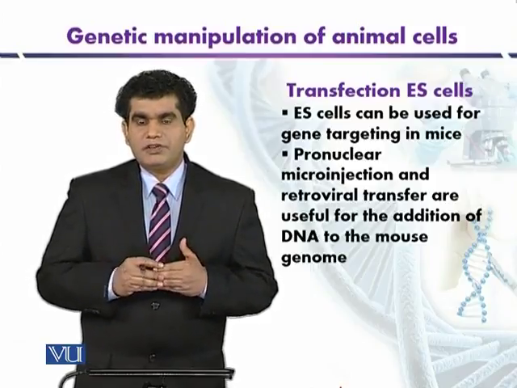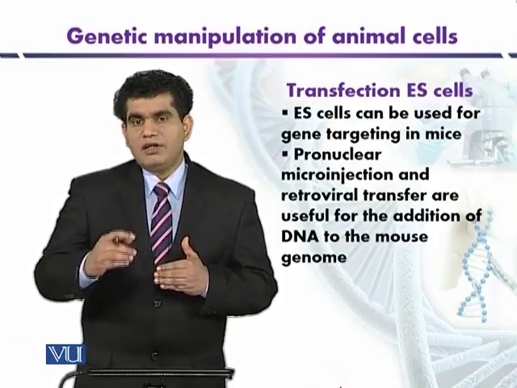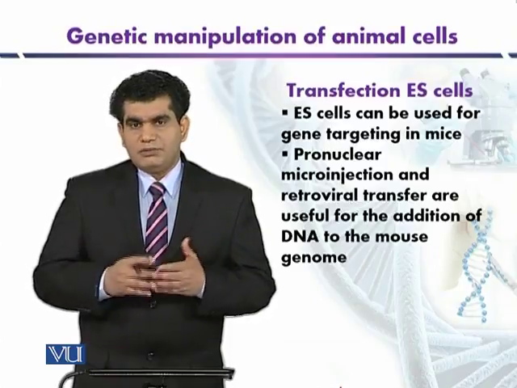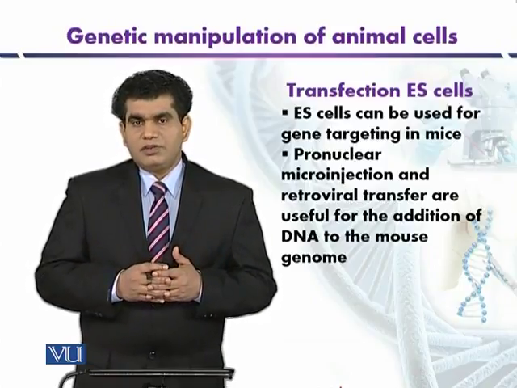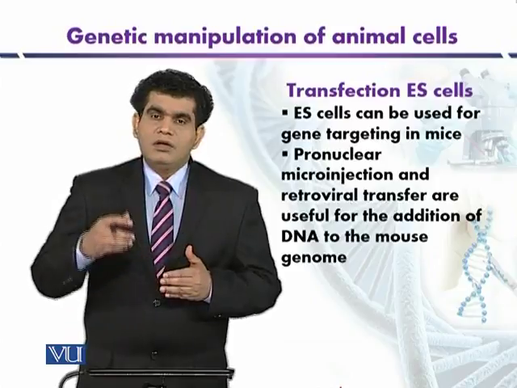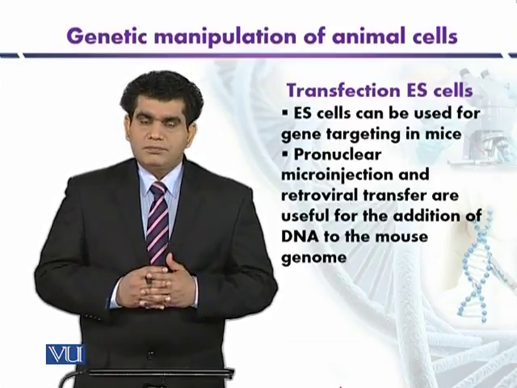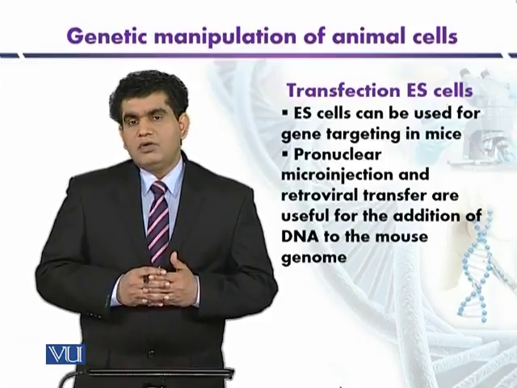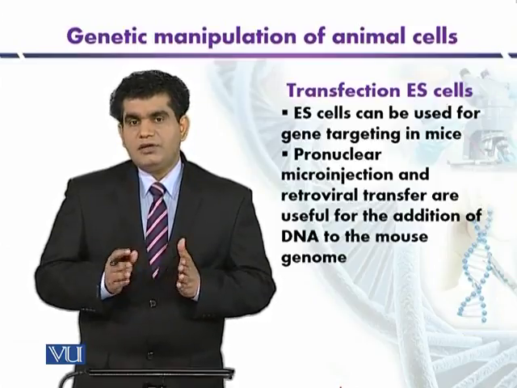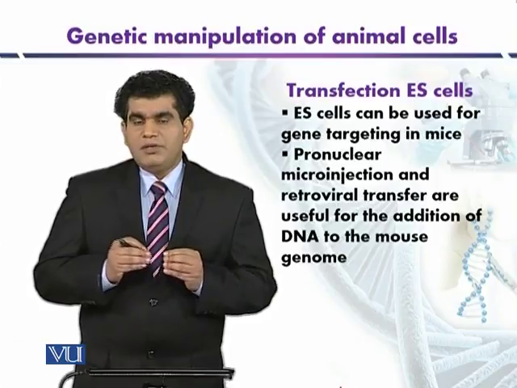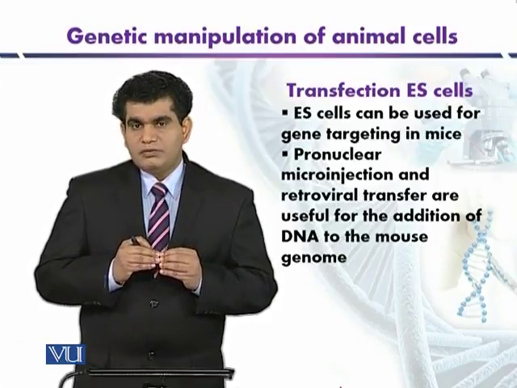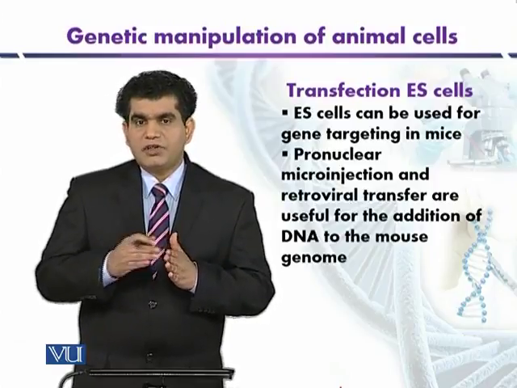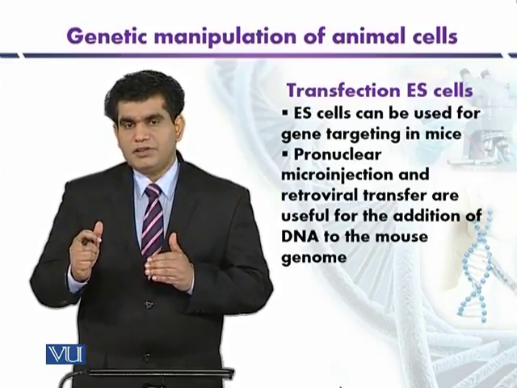नाउ व्हाट इज द डिफरेंस बिटवीन मोज़ेक एम्ब्रियोज and chimeric embryos? Here we should differentiate between these two type of structures. If we have a look at the genetic basis of the mosaic embryos, we can say that here the cells may be from a single source, from a single organism, single ancestor, and some have been transfected, others remain unaffected.